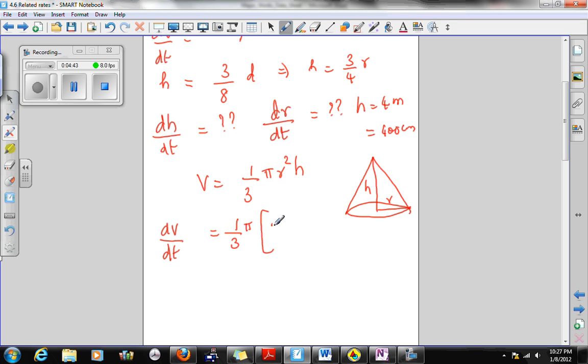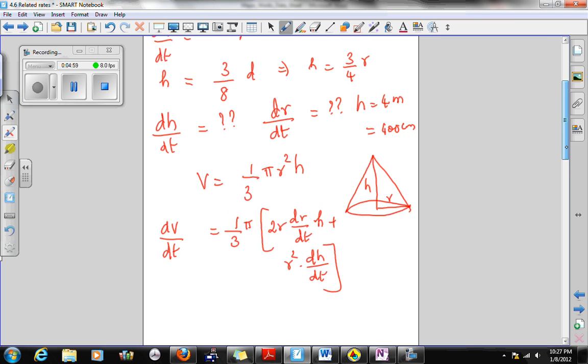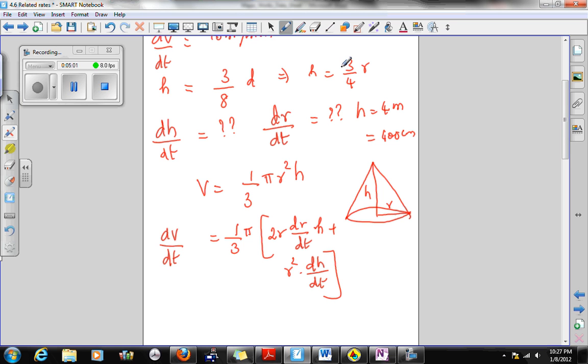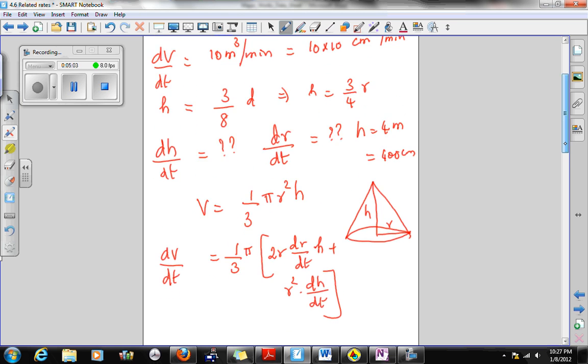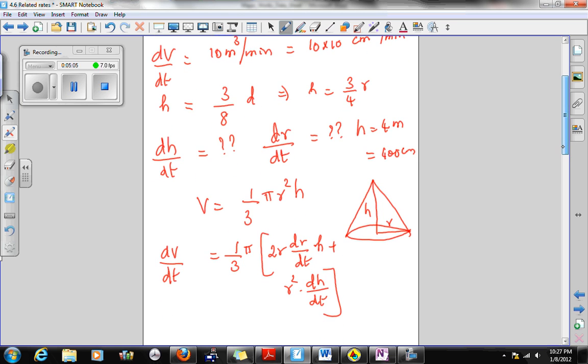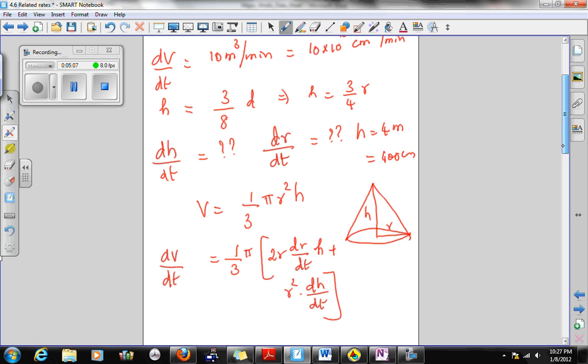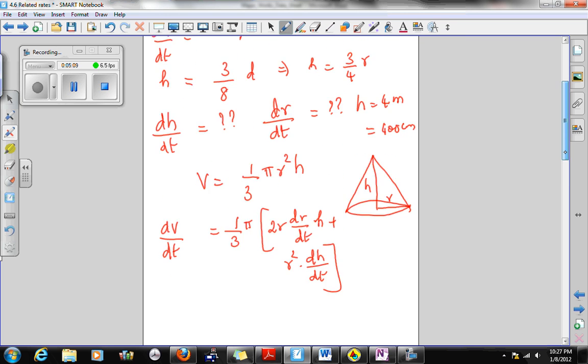So if you say 2r dr by dt times h plus, keeping r squared constant, the derivative of h with respect to t. Now that we know h in terms of r, it would be ideal to express h, wherever we see h, by replacing it with 3/4 r.